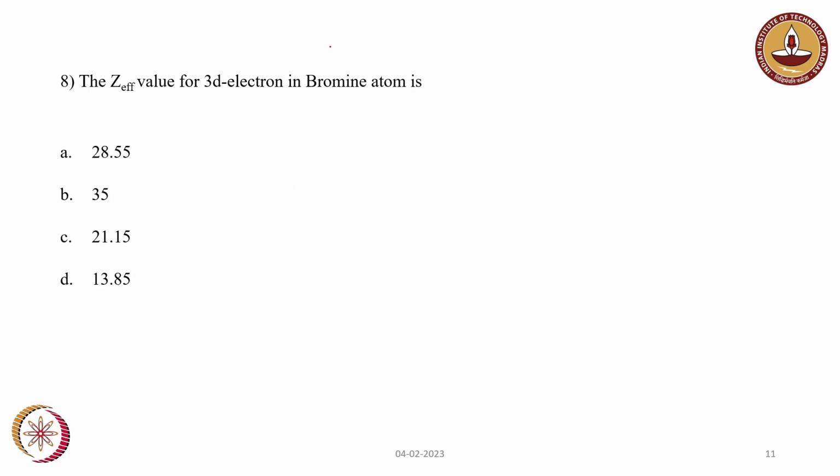So the next one is a similar question, but for 3d electron. So we need to know the atomic number of bromine. Bromine is 35.